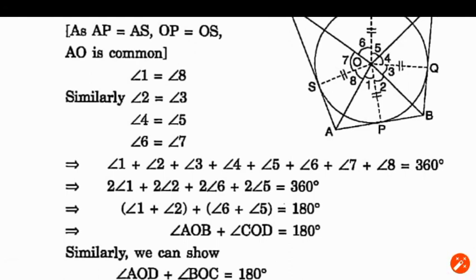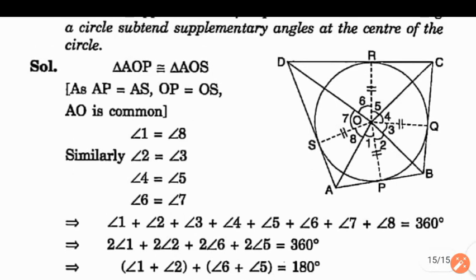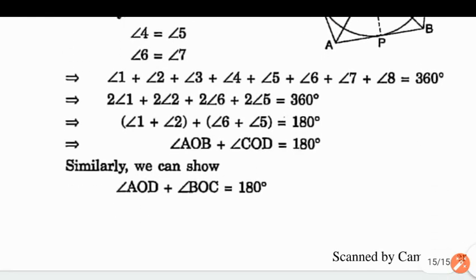Now see, by adding these two angles, we have 180 degrees. That means these two angles are supplementary. Similarly, we can show that this full angle plus this angle is 180 degrees. That means angle AOD plus angle BOC is 180 degrees.